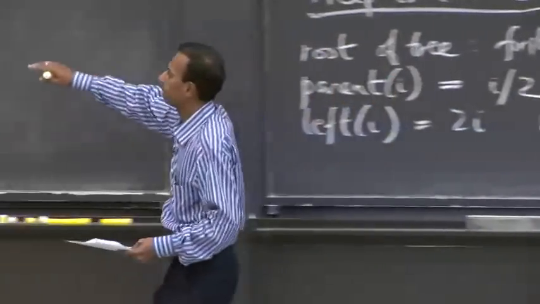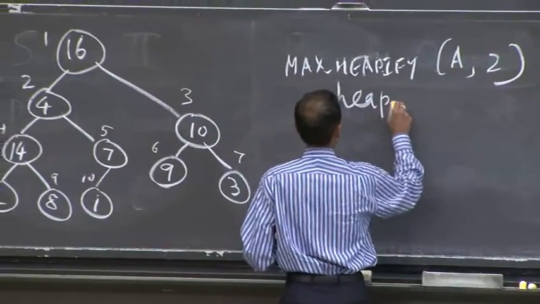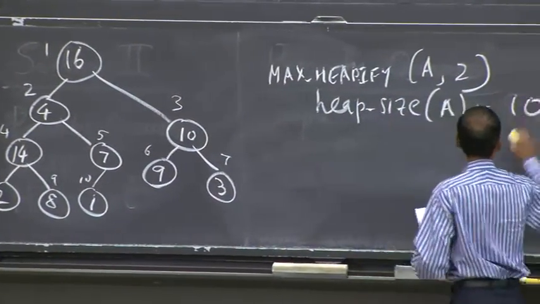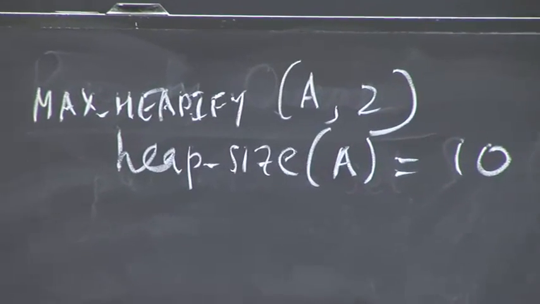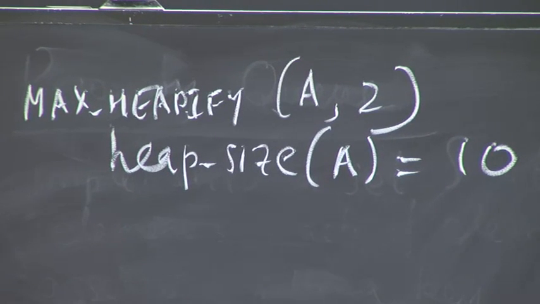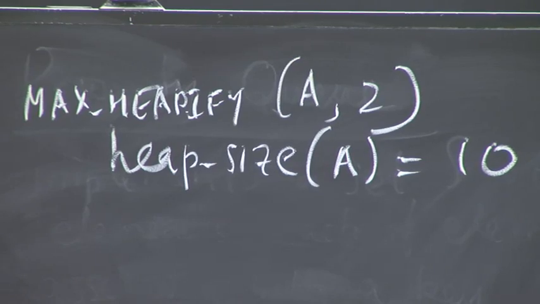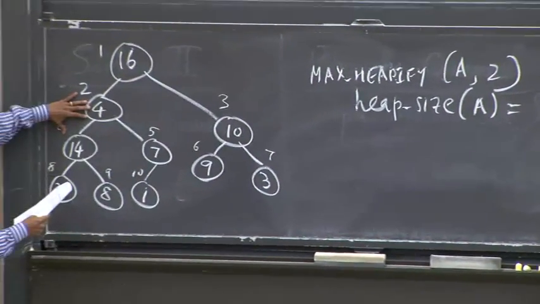So you want to do max heapify A, 2, and one of the things that's going to be important, not in this example, but when we get to sorting, is that we want to know the size of the heap, and in this case, the heap size is 10. Right? So what does max heapify do? Well, all max heapify does is exchange elements.